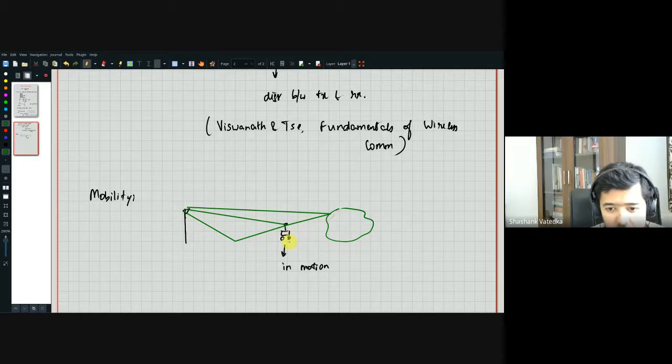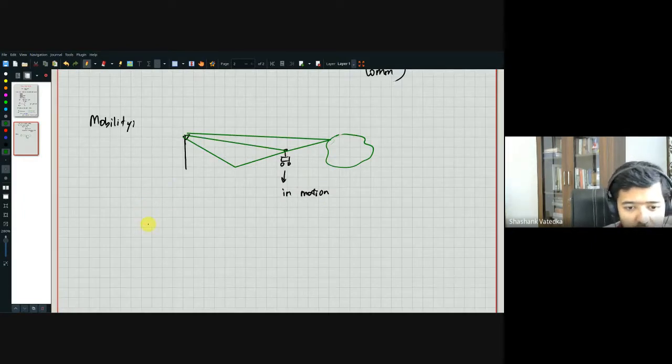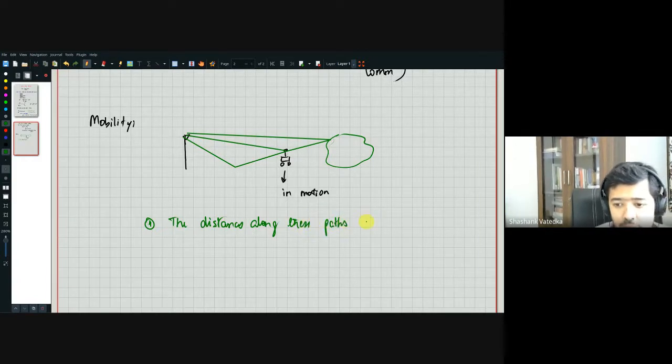But when the object is in motion, there is something else happening. When you are in motion, there are two things happening. Firstly, the distances along these paths change with time.